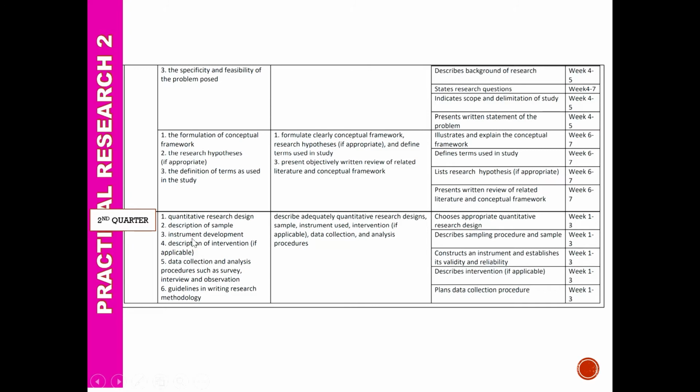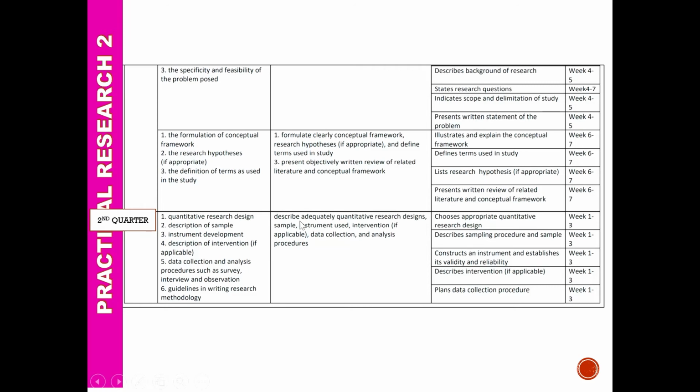Number 3, instrument development. Number 4, description of intervention if applicable. Then next is data collection and analysis procedures such as survey, interview, and observation. Then number 6, guidelines in writing research methodology.